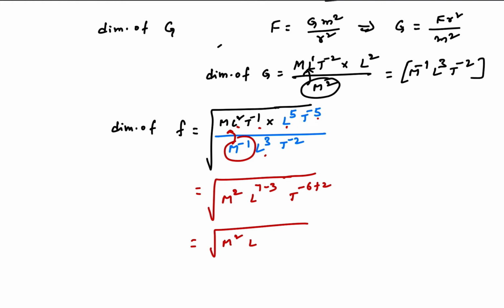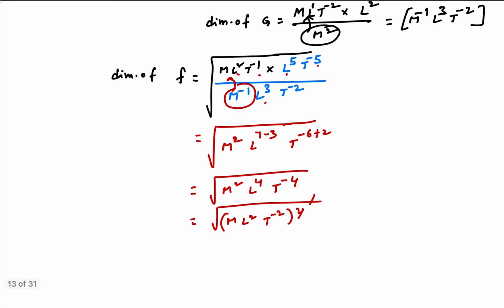Now if you write the value, it is m square L to the power of 4 T to the power of minus 4. You can write the value as m L square T power minus 2 whole square under root. So square and root get cancelled. Finally, you will get m L square T power minus 2. This is the dimension of F.